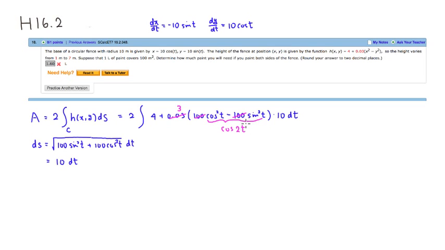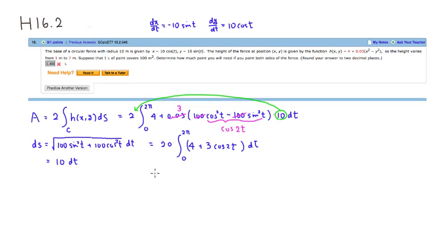Since I have a number down here, I'm going to move it outside, so this is going to be equal to 20 times the integral. And t goes all the way around, so it's 0 to 2 pi, of 4 plus 3 times cosine of 2t, with respect to t.